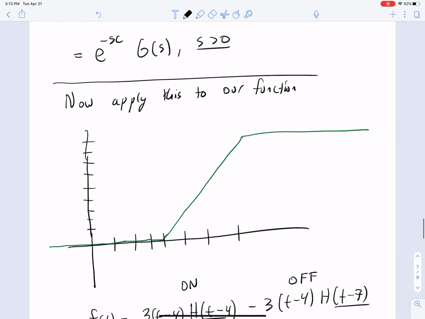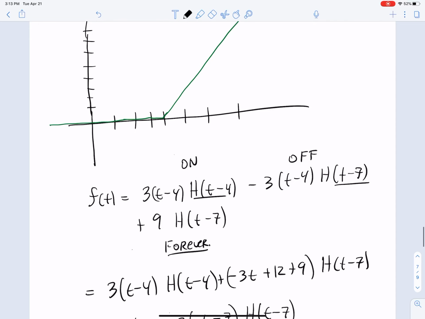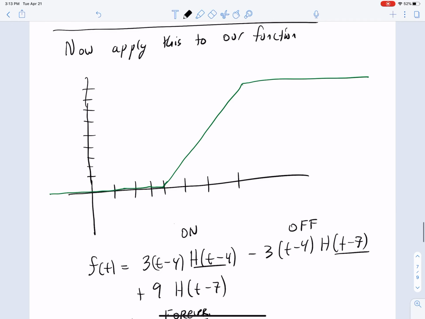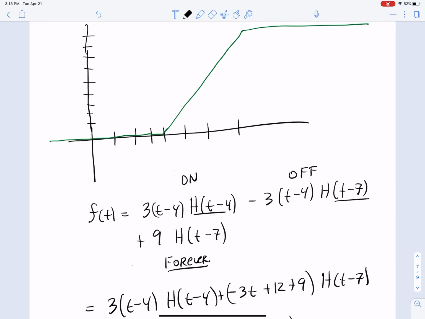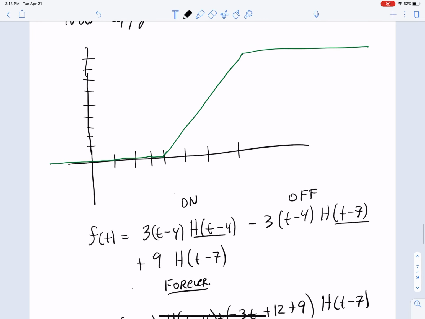All right, so let's apply this to our Frankenstein function for this problem. So the first thing that we'll have to do is write this step, or this piecewise function, using our Heavisides. All right, so we have two changes here, right? This and this.